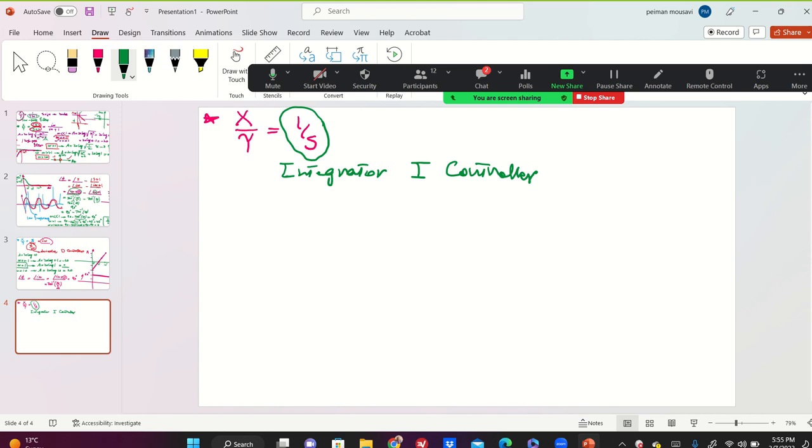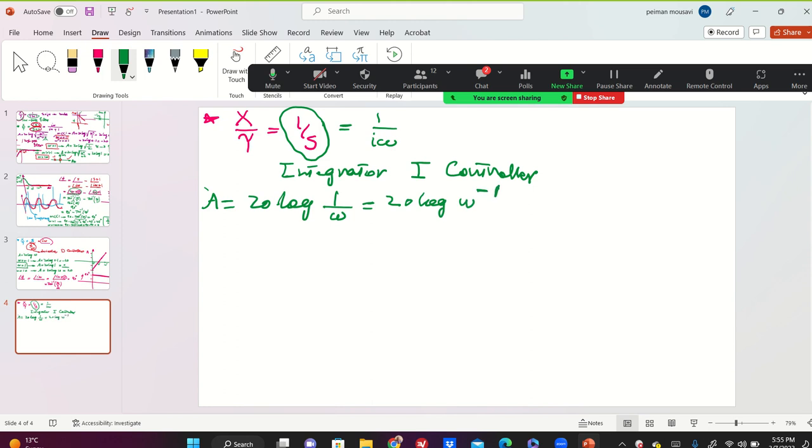I'm exposing that to frequency response to see how it behaves. I'm going to say s is I omega. So A is going to be 20 log of 1 over omega, or you can write it as 20 log of omega to the power of minus 1. I'm bringing it to the numerator.